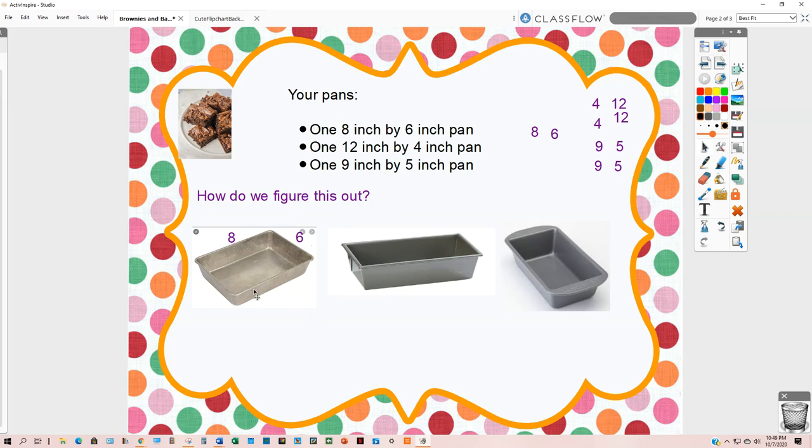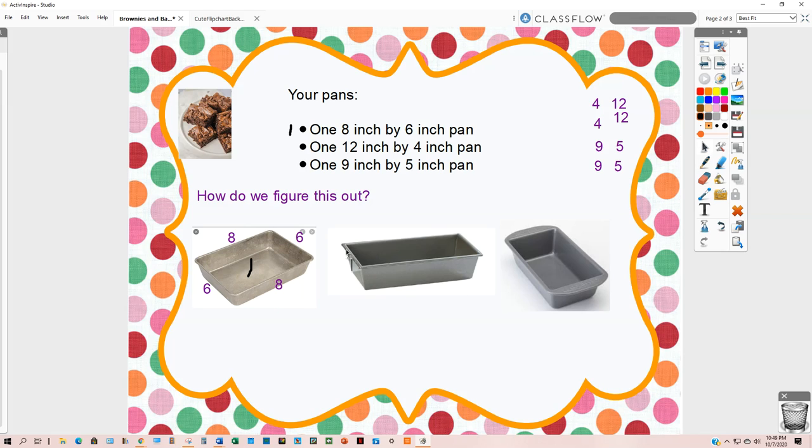And what we just talked about, the opposite side from this 8 is this side, so this one also has to be 8-inch. The opposite side of the 6-inch is here. Now I will label that pan 1. So this is pan 1.